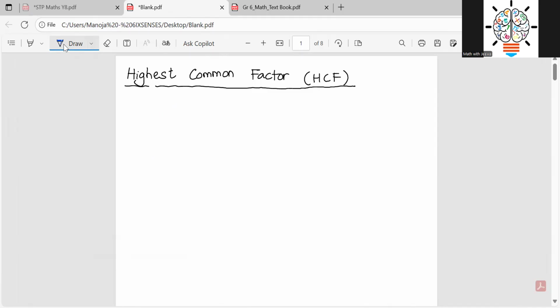Let's say you want to find the HCF, the highest common factor, of 8 and 12, for example. You list down the factors of 8 and 12 separately. 1 times 8, 2 times 4.